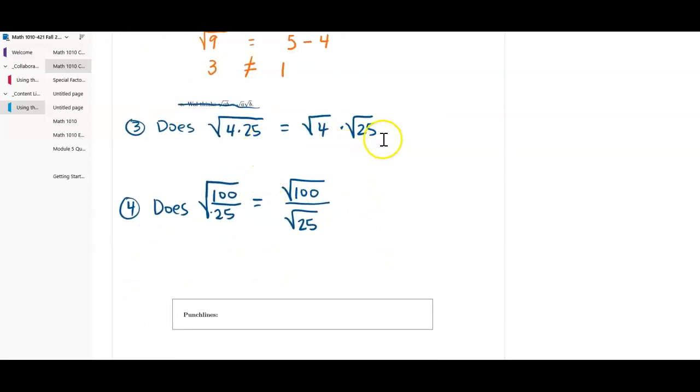Can we split those up into 2 separate radicals when it's connected by multiplication inside? Again, put 3 period, and then write either yes or no into the chat box. Everybody got it in? 3, 2, 1, hit enter.